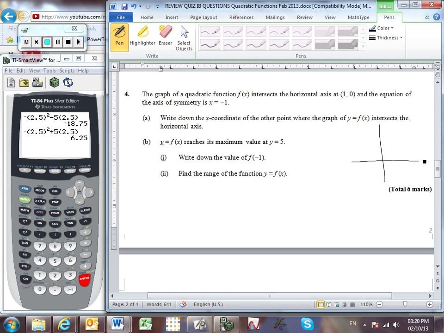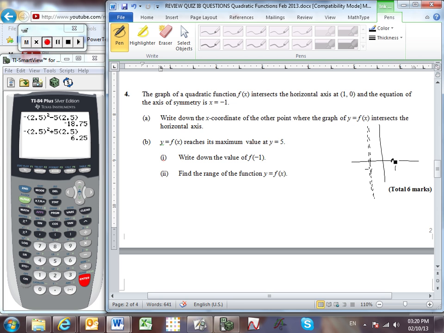happening. I have an x-intercept at (1, 0). And I have an equation for an axis of symmetry at x equals -1. I know that an equation of an axis of symmetry is a line that represents the middle of a parabola.